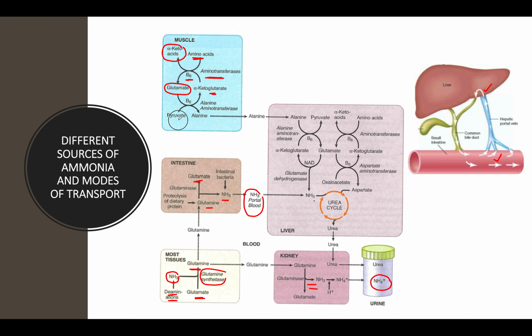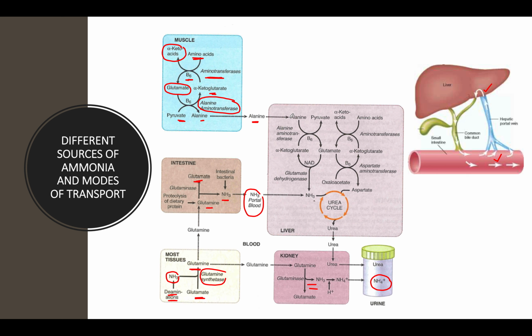Glutamate in the presence of pyruvate is converted to alanine, and this particular reaction you have already seen in the glucose-alanine cycle, catalyzed by alanine aminotransferase. Alanine is non-toxic. It comes out into the blood, is carried to the liver.